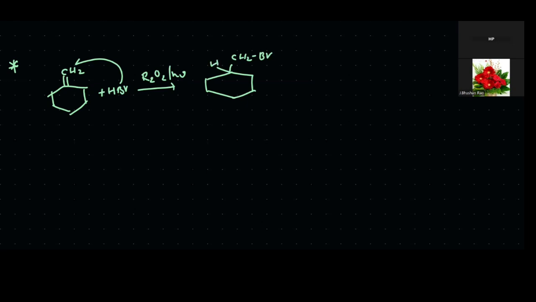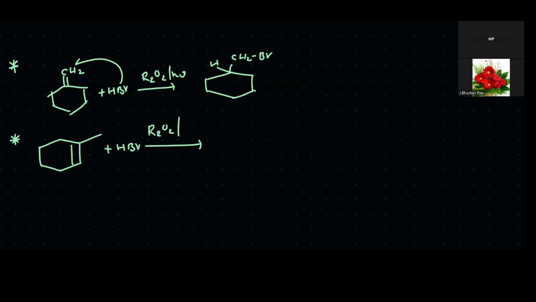So next, another one we will discuss in the same conditions. Now one more example. It is the double bond, and here one CH3 group is present. When HBr molecule reacts with this given compound, 1-methylcyclohexene, in the presence of R2O2 and h nu, sunlight.